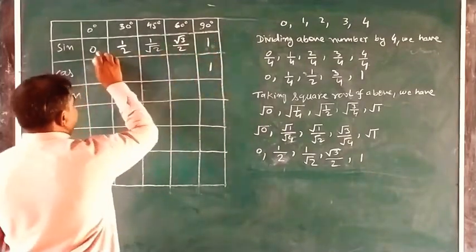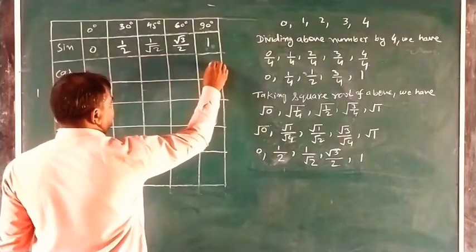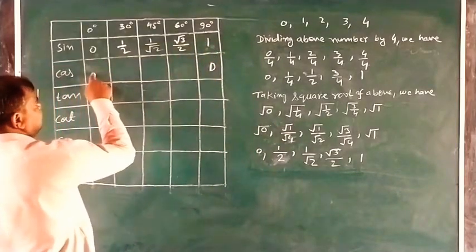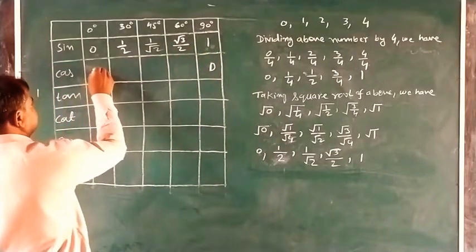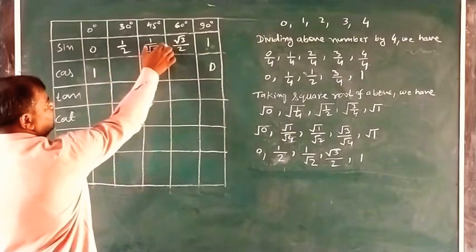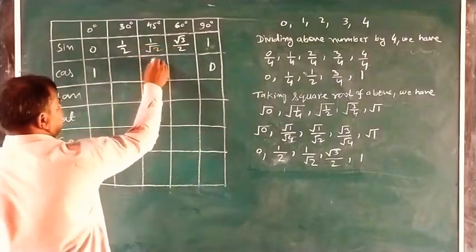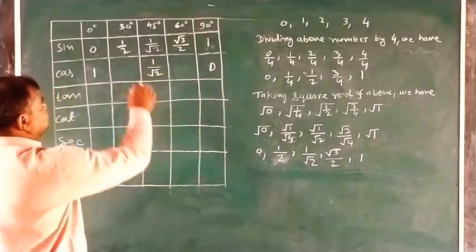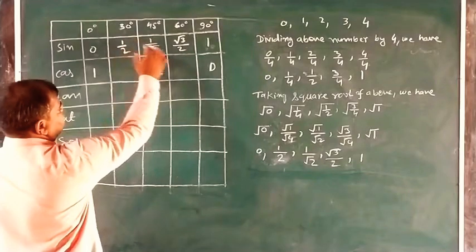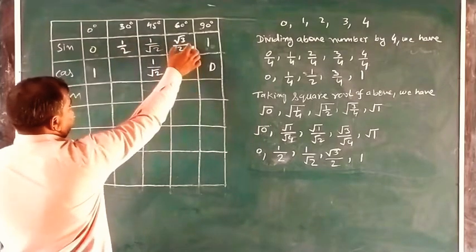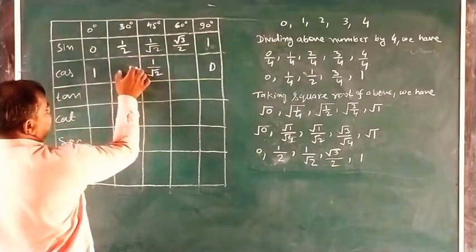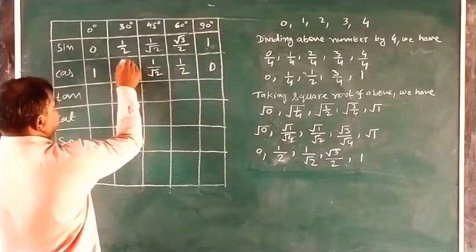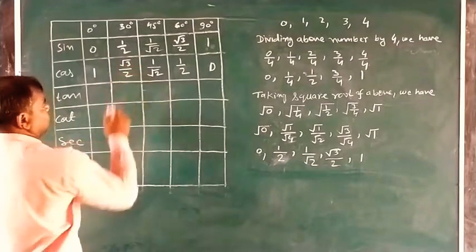Here 0, and here 1, the last value of sine, which will be the first value of cos. And the middle value as such we will write 1 by under root 2. And this value for 60 degree here, and this value for 30 degree here. Then 1 by 2, and here under root 3 by 2.